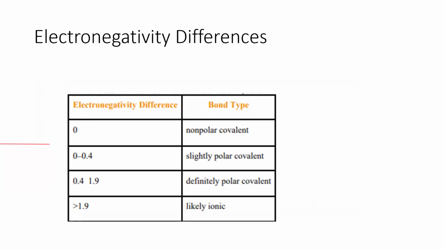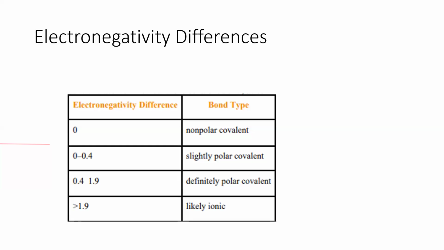And quotient means the result of division. So when this is a difference, you take this element's electronegativity and this element's electronegativity, and you subtract to find the difference. Once you get the difference, it will tell you whether it is non-polar covalent, slightly polar covalent, definitely polar covalent, or likely ionic.